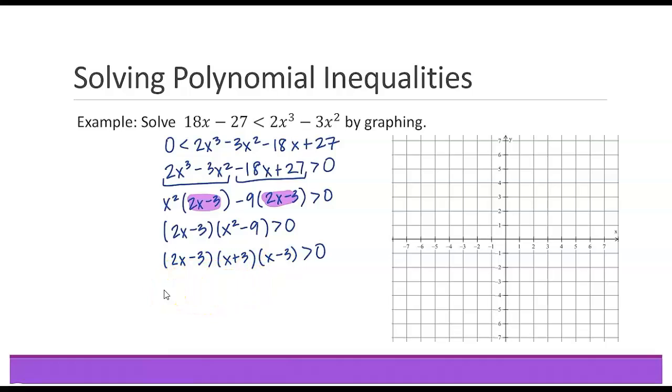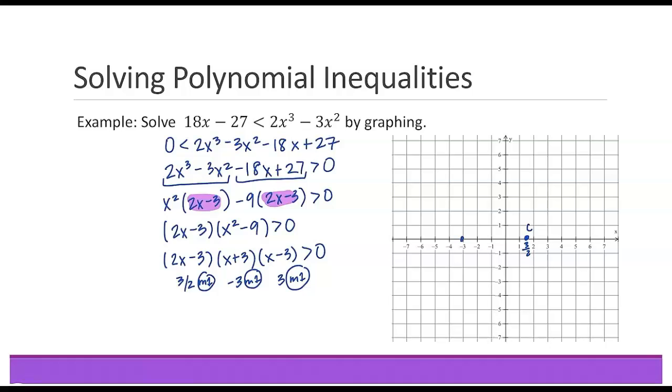So I know that my 0 here is going to be 3 over 2 with a multiplicity of 1. And then I'm going to have negative 3 again with a multiplicity of 1, and then a positive 3 again with a multiplicity of 1. So I have 3 over 2, and it's going to cut.